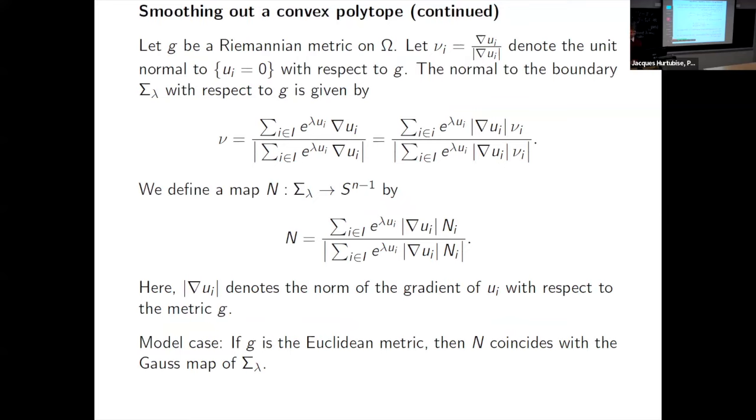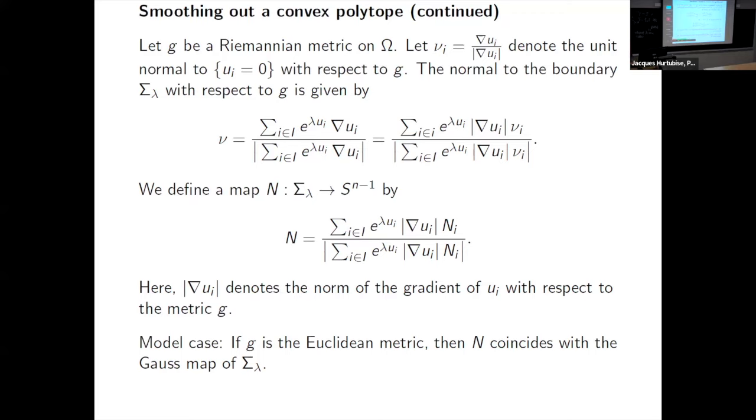And you get a formula where you basically have a linear combination of the nu i with certain weights. And so now what I want to do is solve on each domain omega lambda the Dirac equation with a chiral boundary condition and then pass to the limit.